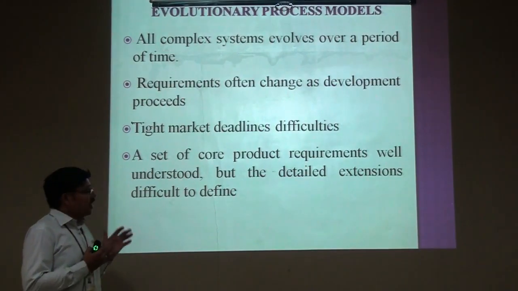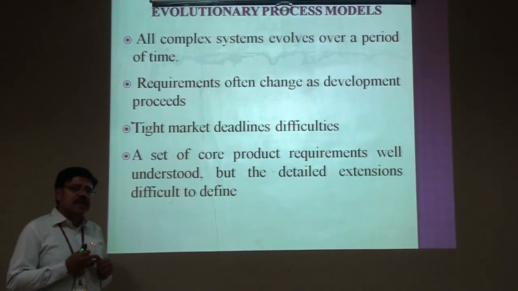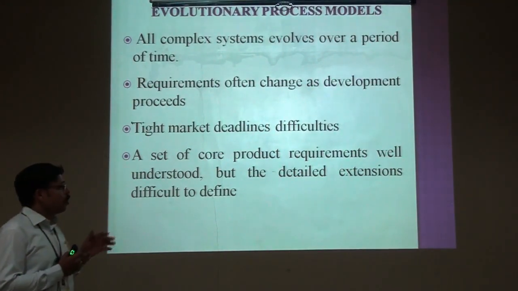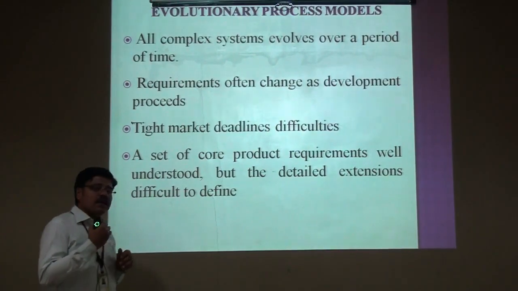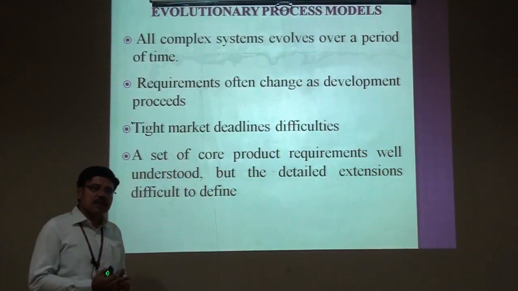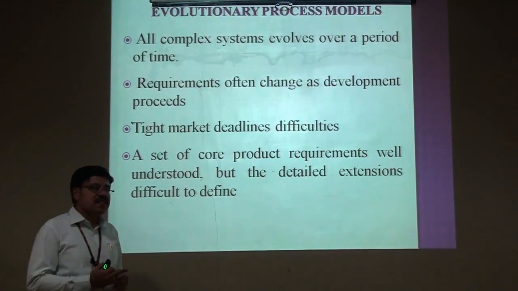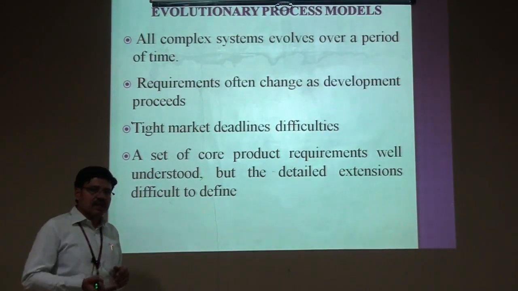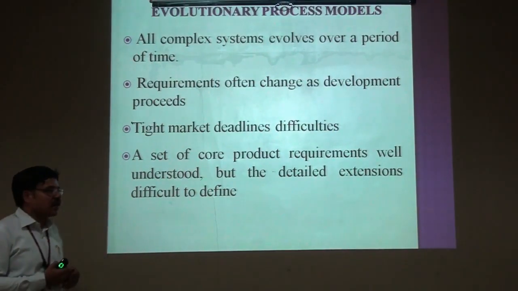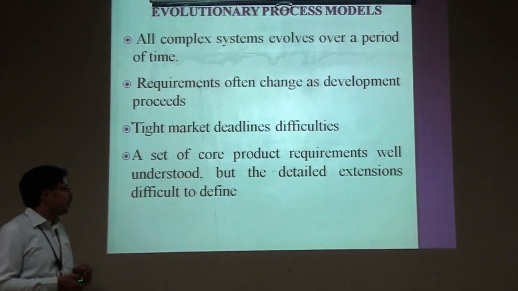Tight market deadlines will create a lot of difficulties in completing a product within a short duration of time. So a set of core product requirements will first be well understood. Those requirements have to be implemented at the initial stage, later followed by later increments when detailed extensions come out during the development process.